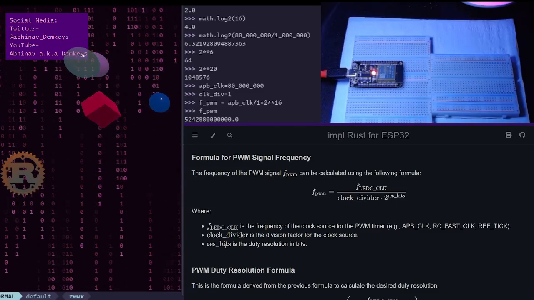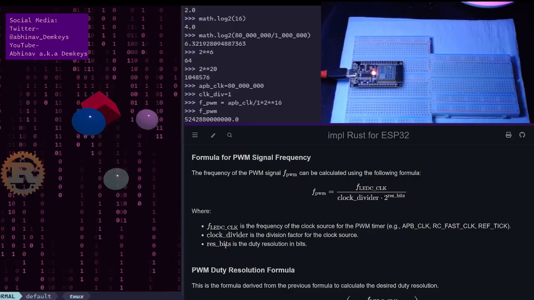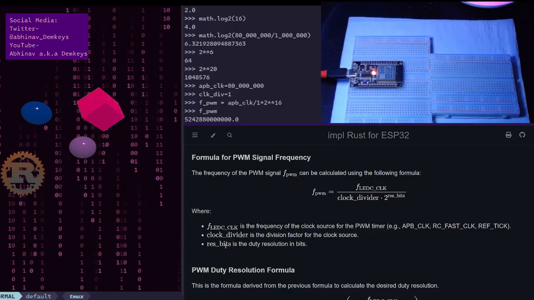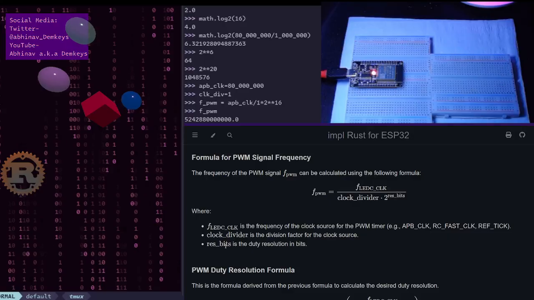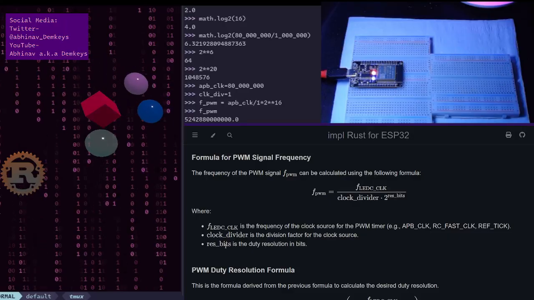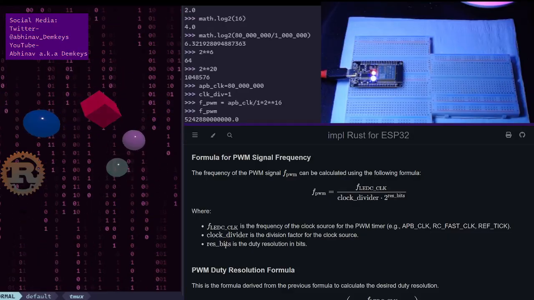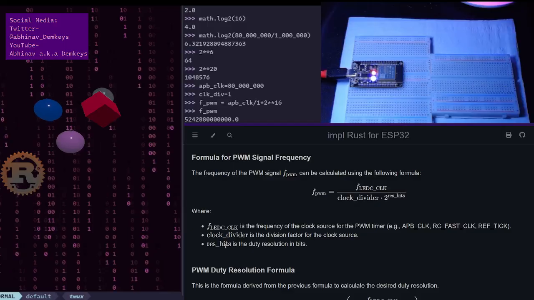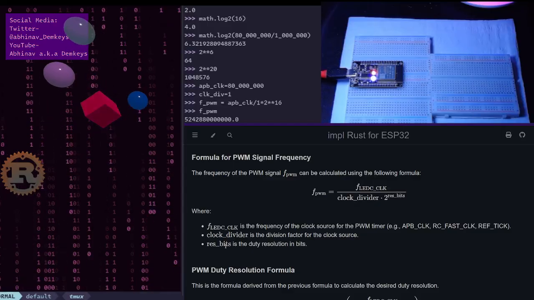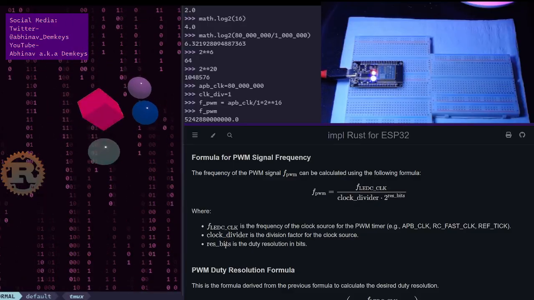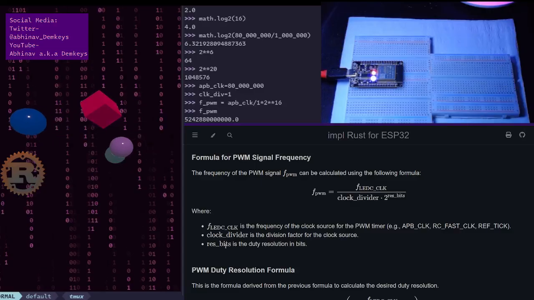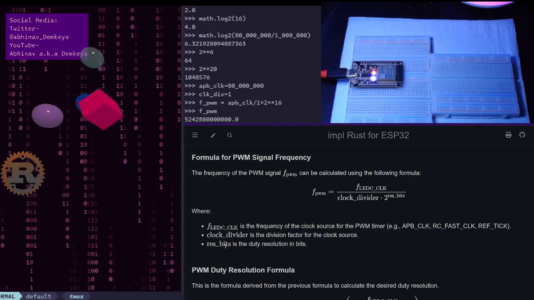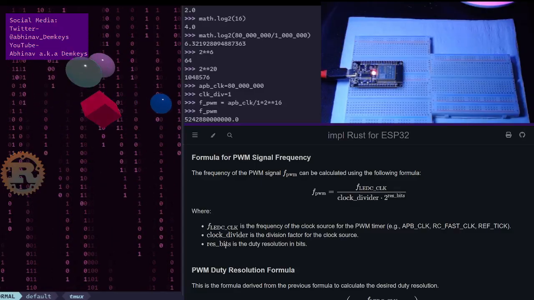This is our frequency. There's a lot of zeros in there, so I'm going to have a little trouble counting that. Is that 7 zeros or 6 zeros? Let's say 7 zeros. So that's 1,000, then that's a million.